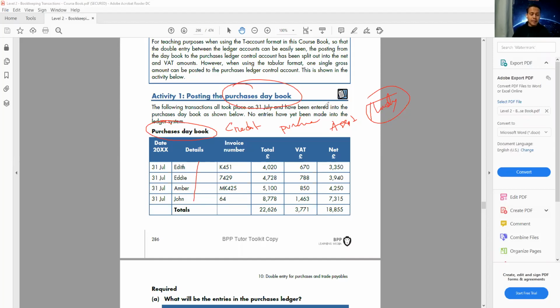If this is my liability, will all of these people be debit or credit for me? If they are my liability, I have to pay them. So they will be credit for me because they're my liability. Very well done, everyone. Yes, they're my liability because I have to pay these people. So all this, Edie, Amber, and John, all this total balance, they are my liability. They are my credit. Okay, we understand this one, the purchase ledger.